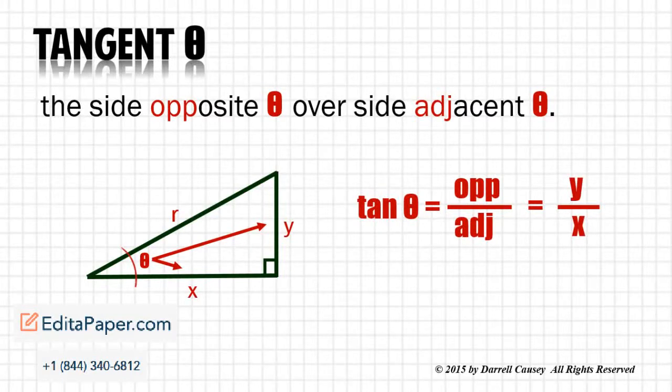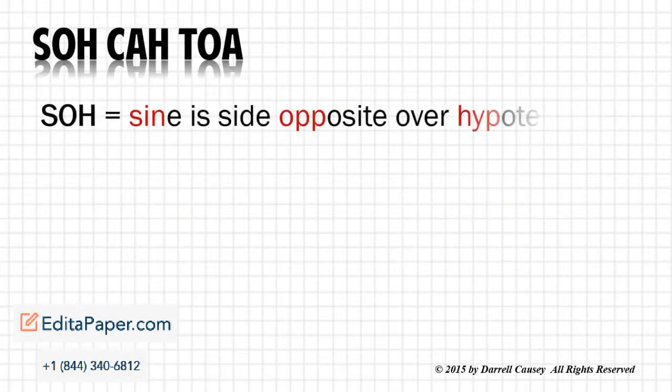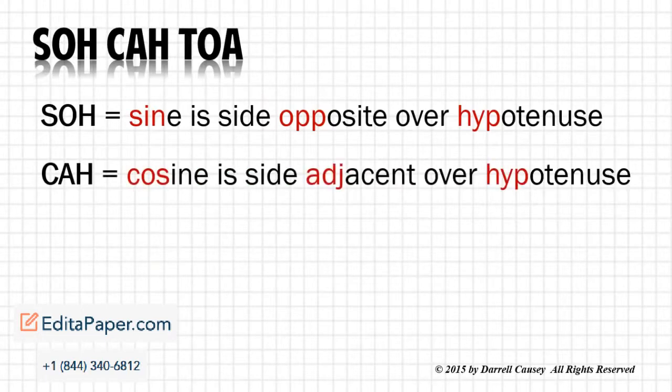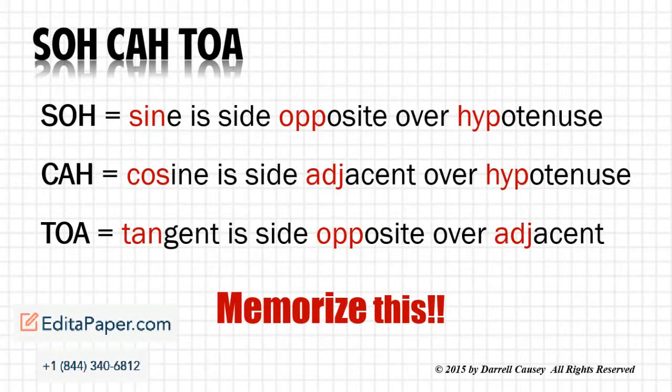And it's very important that we get these ideas down. So here's a little way to help you remember it. I call it SOHCAHTOA, and the SO is side opposite over hypotenuse, cosine is side adjacent over hypotenuse, and tangent is side opposite over side adjacent.